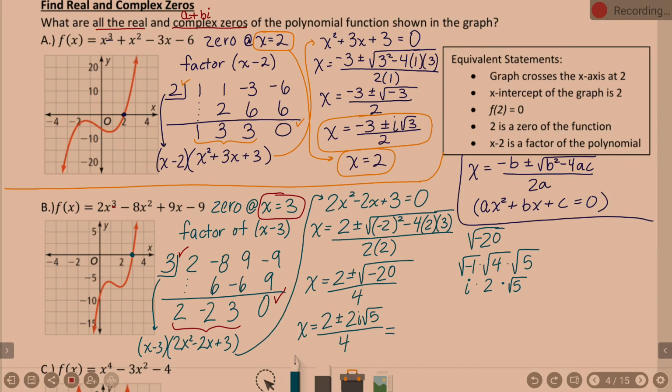So what I'm saying here is 2 over 4 and 2 over 4 both reduce to 1/2. So you might need to say 1 over 2 plus or minus i square root of 5 over 2. You realize what happened there, right? 2/4 becomes 1/2 in both cases.